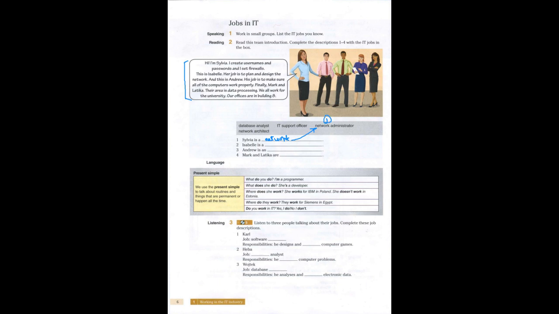As for Isabel, her job is to plan and design the network. So what do you think? Which one of these 3? We are left with the 3: database analyst, IT support officer, or network architect. Well, actually, she is this one.